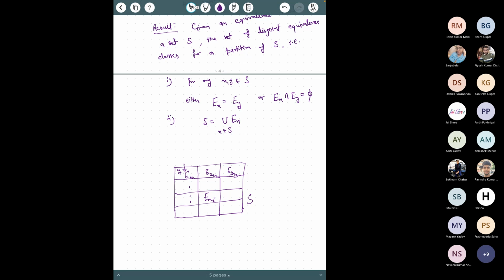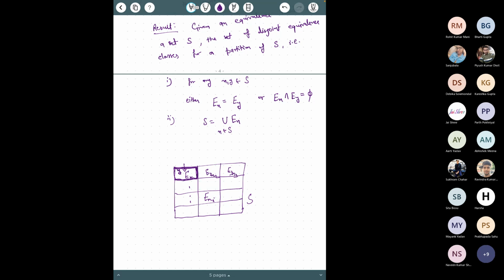So if you take the equivalence class of y, it is the same set. If you take any element in these, the equivalence class would be the same. So all elements in this equivalence class are related.